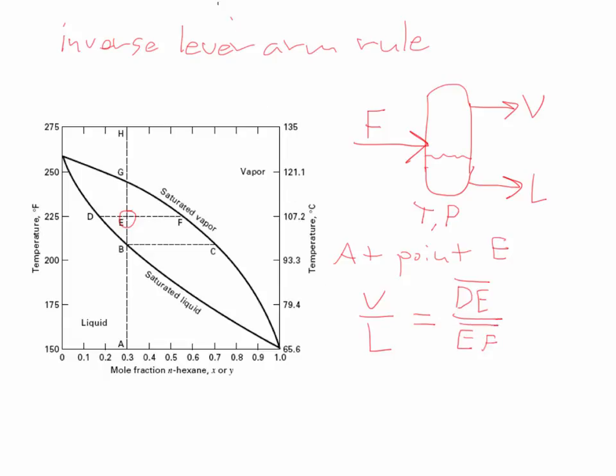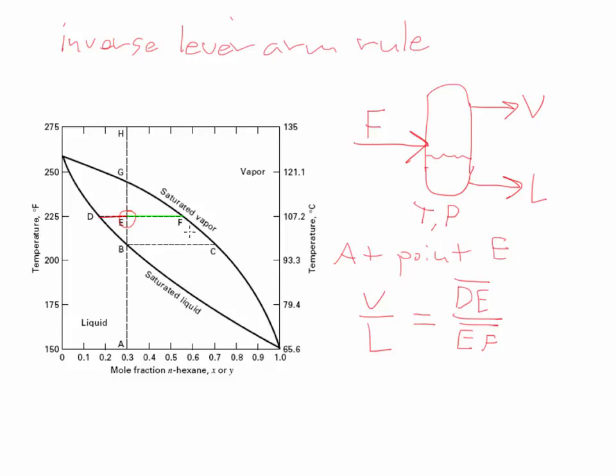Okay, so the line segments that we're looking at here for the inverse lever arm rule are these line segments DE and then the line segment EF. This one right here. To find the ratio of vapor-liquid flow rate, you take the line segment that's closer to the liquid curve. So DE is going to be the line segment closer to the liquid curve, and you divide it by the line segment closer to the vapor curve.